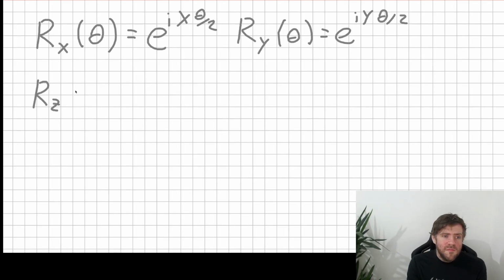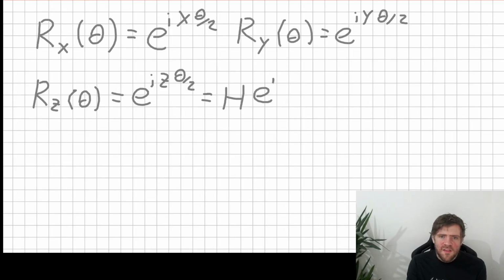Well, this is equal to e to the i Z theta over 2, but we can also implement that with a Hadamard conjugating e to the i X theta over 2.